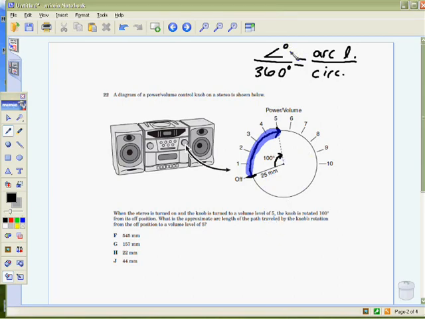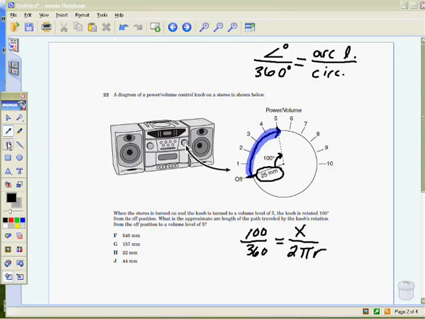So the angle that I'm talking about in degrees is 100. So I have 100 over 360 equals the arc length. I don't know that. I'm looking for that, so I'll call that x, over the circumference of the circle. Now, if you look on your formula chart, you'll see that circumference is either pi times diameter or 2 times pi times the radius. And that's one we'll use since we are given the radius.